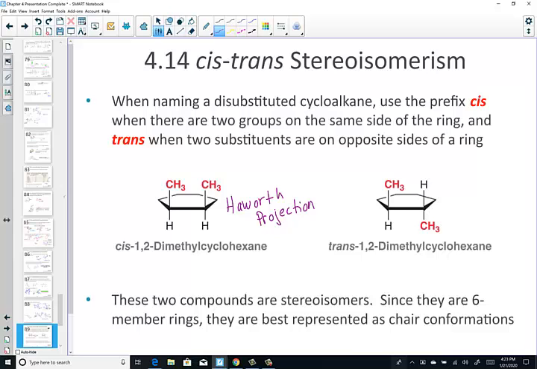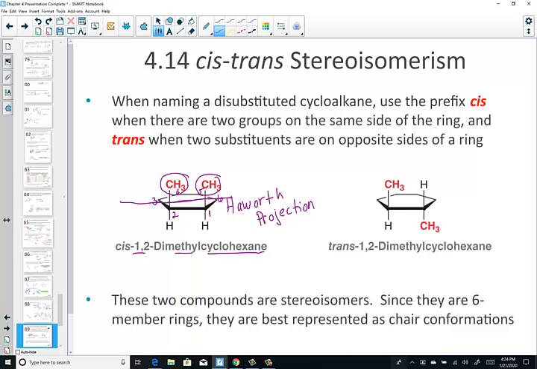So let's look at this. This is carbon 1, 2, 3, 4, 5, 6. That is a 6-carbon cyclic structure. And at carbon 1 and 2, we have substituent groups coming off, methyls. Notice that in the plane of the carbon ring, both of these methyl groups are on the same side.